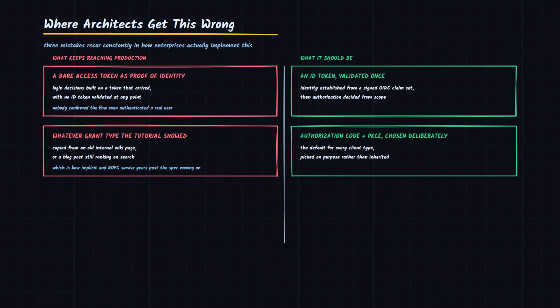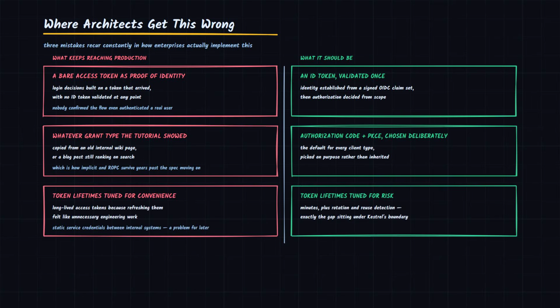The third is configuring token lifetimes for convenience rather than for risk. Long-lived access tokens because refreshing them felt like unnecessary engineering work. Static service credentials between internal systems because rotating them seemed like a problem for later.